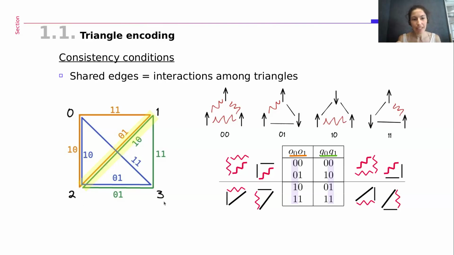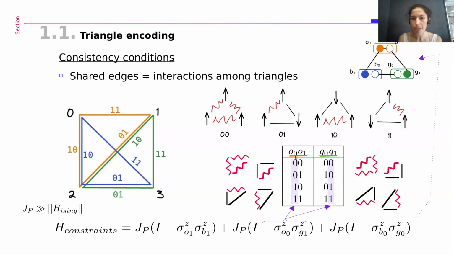And we see that for the orange and green triangles to be consistent with each other, it has to happen that these two configurations in the orange triangle correspond to these two other configurations in the green triangle, and the rest correspond to the rest. Just by visual inspection, you can see that this simply corresponds to a ferromagnetic interaction established between the first physical qubit of the orange triangle and the second physical qubit of the green triangle.